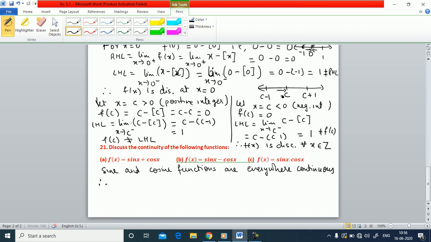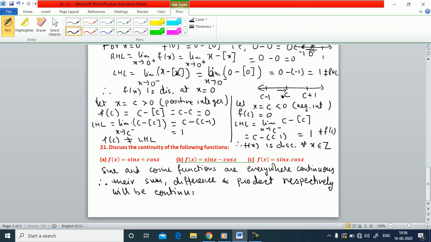So what can we say? Therefore, their sum, difference and product respectively will be continuous. Because we have done in the algebra of continuous functions, we know that if two functions are continuous, their sum will be continuous. If two functions are everywhere continuous, their difference will be continuous.